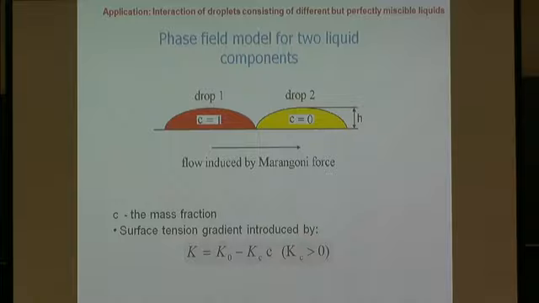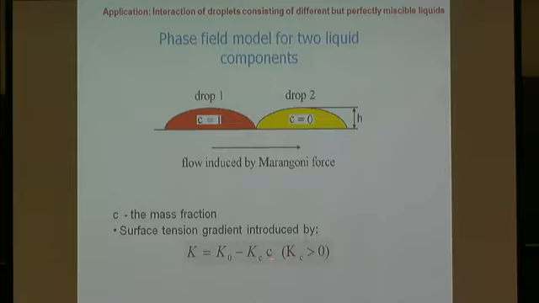The liquids are perfectly miscible, so we don't need a surface tension between the 2 components, but we have to distinguish the two liquids. And in this case, we have again Marangoni forces, but not induced by temperature gradient. They are induced by the concentration. And again, the surface tension decreases with the increase of the concentration, so the surface tension decreases with C.